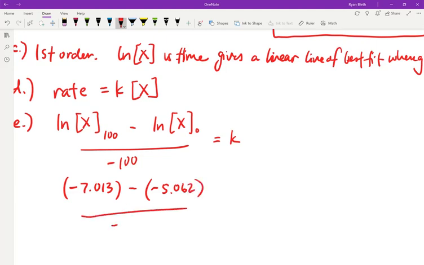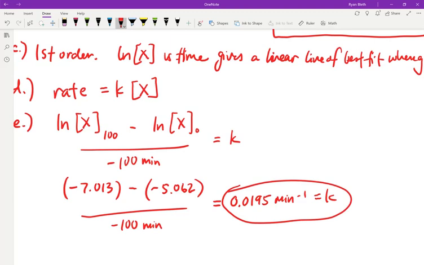And then on the bottom, negative 100, and that's negative 100 minutes, if you want to think about units there. Natural logs don't have units, but the time obviously does. And when I punch that in my calculator to find k, k will have a unit of minutes to the negative 1, and a value of 0.0195. And again, minutes to the negative 1, since I have minutes in the denominator, that's my k. All right, there's my k value. So I found the rate constant from that data in the data table.